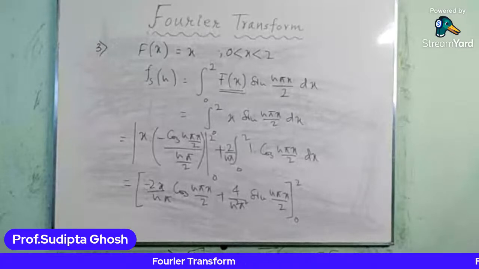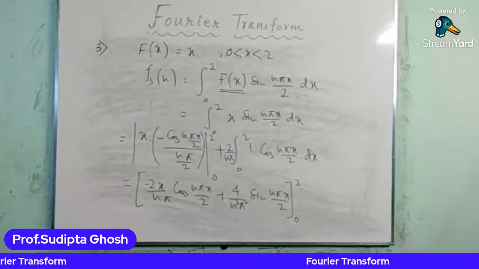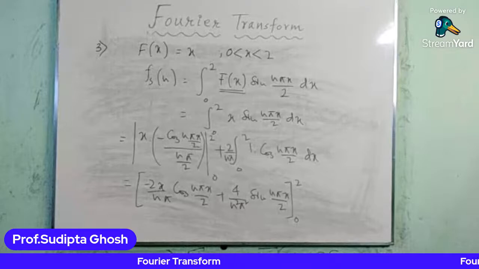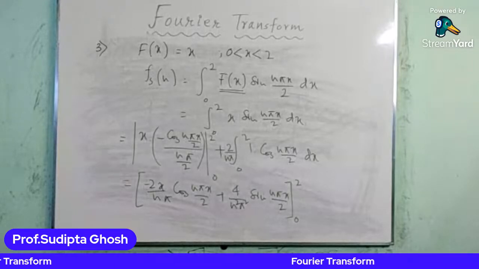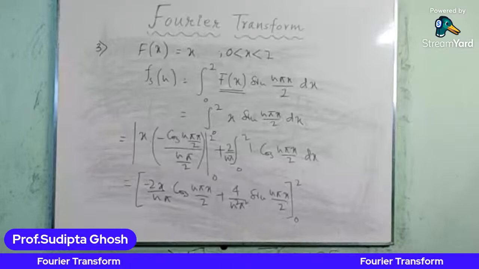So by putting x equals to 2, from the first term we have minus 4 by n pi cos n pi, minus 4 by n pi cos n pi, and from the second term we have sine of n pi.